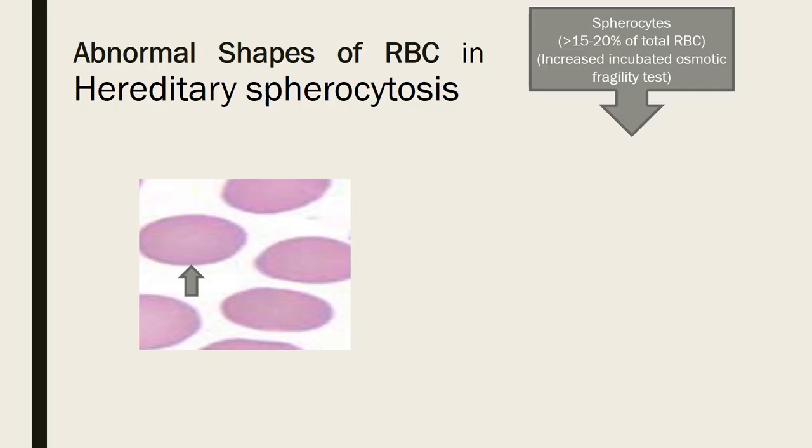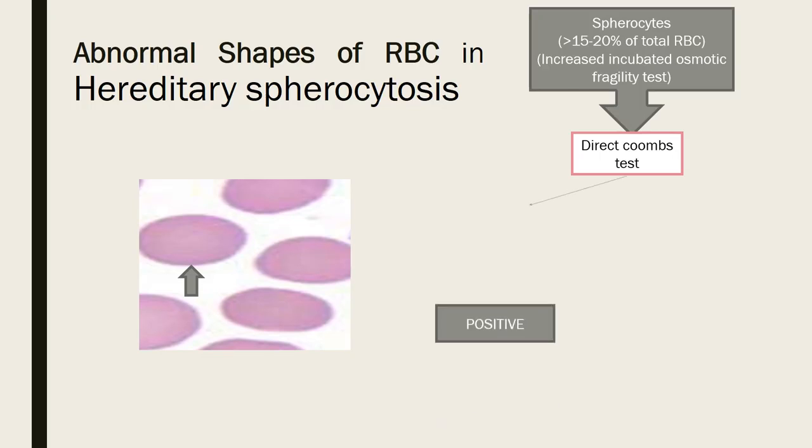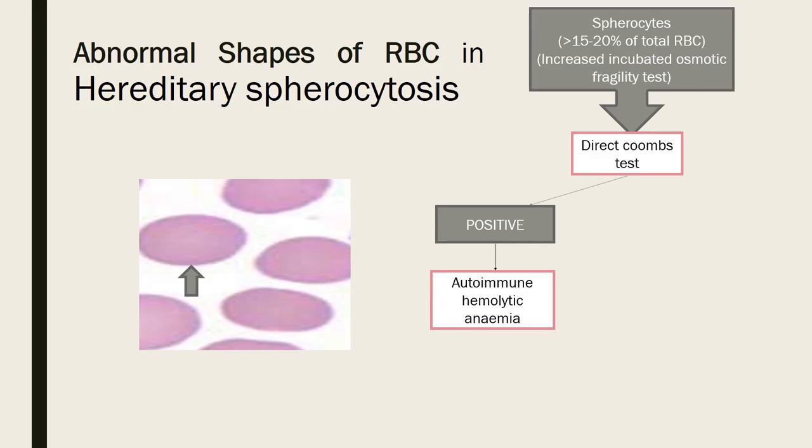And if we perform the osmotic fragility test, it will be positive. And then we have to perform the direct Coombs test also, because not only in hereditary spherocytosis but also in other conditions, example autoimmune hemolytic anemia, spherocytes can be seen. So if the direct Coombs test is positive, then we have to rule out autoimmune hemolytic anemia.